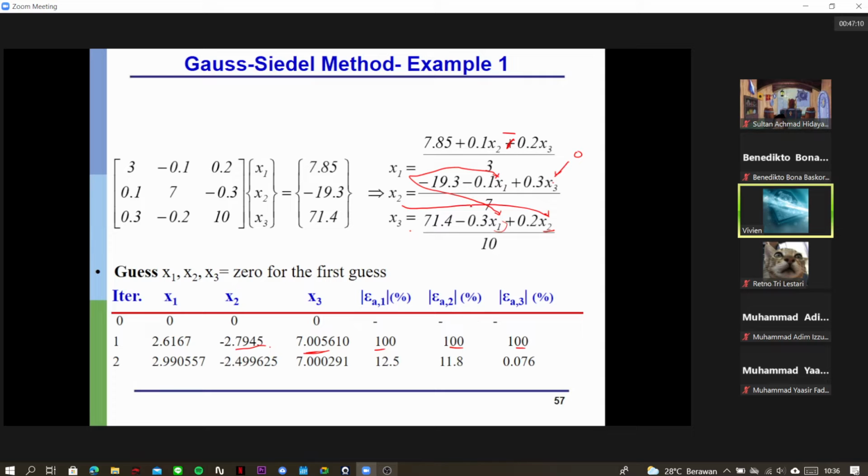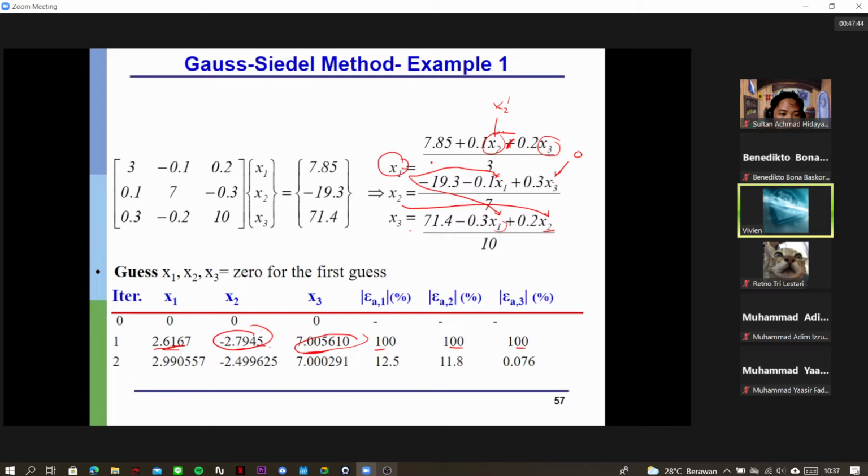Now continuing to the second iteration, we use the values from the first iteration, so we use the value of 2.6167 here, and for x2, that will be minus 2.7945. And for x3, we take it from the previous iteration, which is 7.115610.